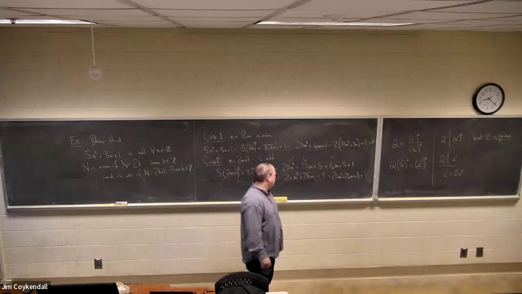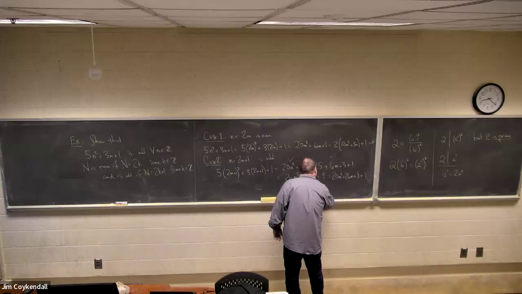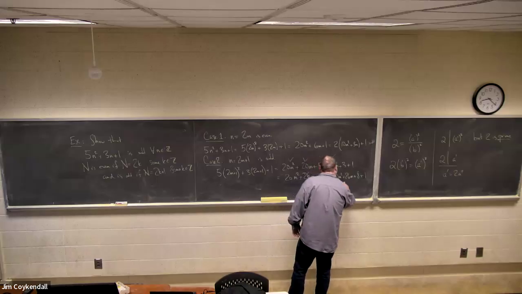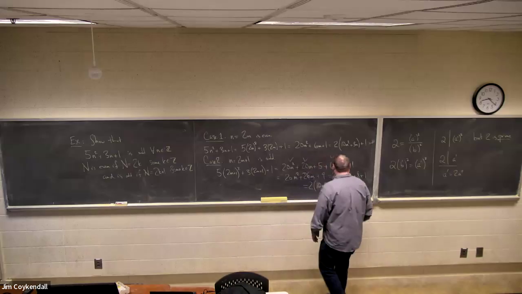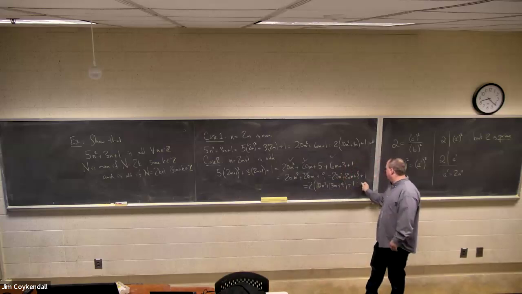I broke it down a little bit. So it's 2 times 10m squared plus 13m plus 4, plus 1. 2 times an integer plus 1, which is odd.